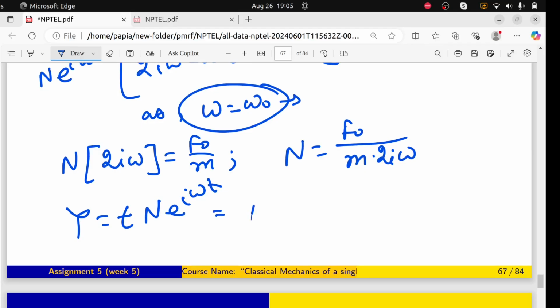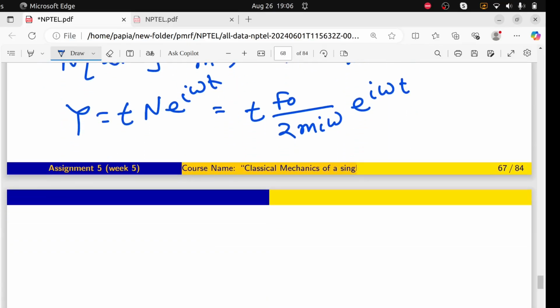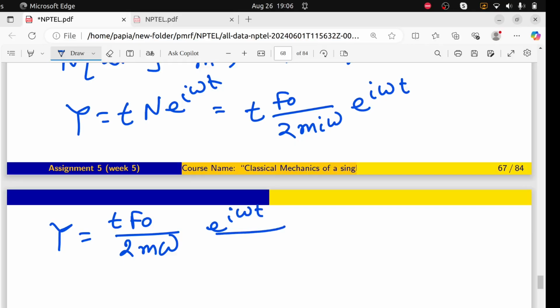So I can write it as t f0 by 2m omega e to the power i omega t divided by i. This is my y.